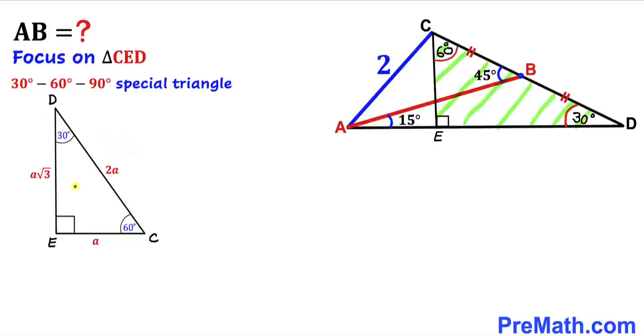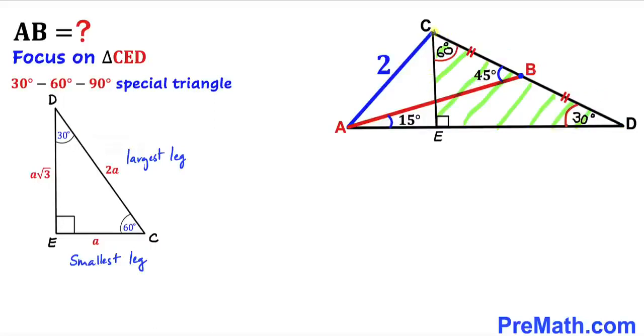And here I have copied down this triangle CED. So therefore, in such kind of 30, 60, 90 triangle, this longest leg is going to be twice the smallest leg. And we know in this triangle CED, since this side length equals this side length, if I call this side length 1 and this is 1, then CE is going to be 1.